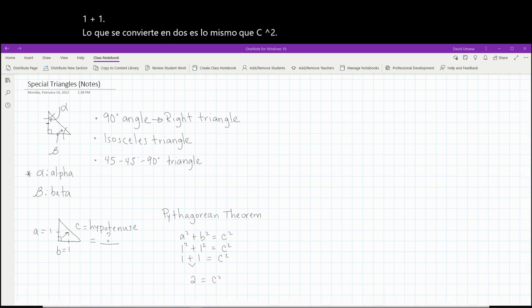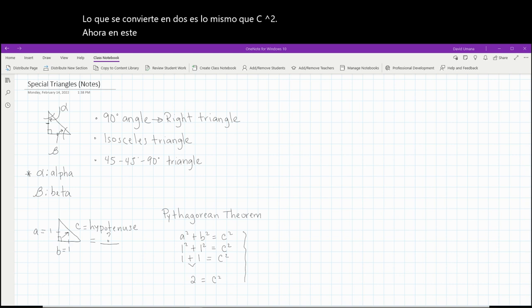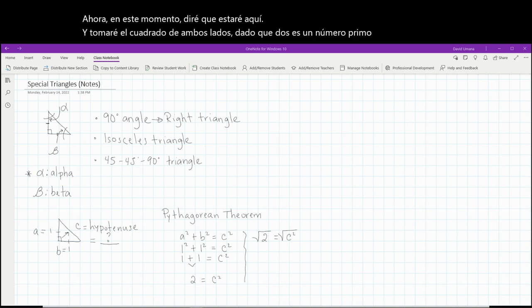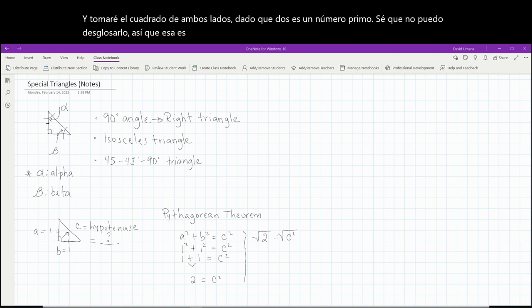Now, at this point in time, I'll rewrite it here, and I'll take the square root of both sides. Given that 2 is a prime number, I know that I can't break it down, so that's my answer. So now I can conclude that the answer would be that c is in fact the square root of 2.